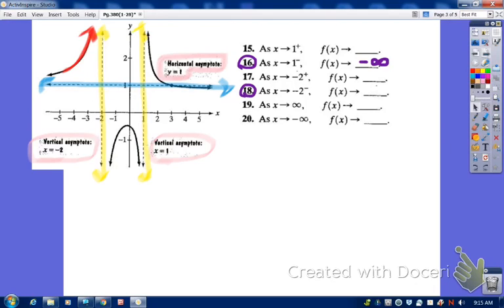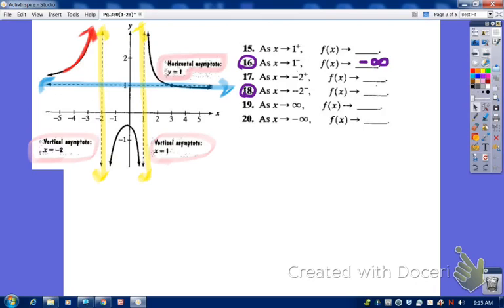The bottom of the graph is not approaching negative 2 from the left. If you're thinking about this piece, it's approaching negative 2 from the right. So you've got to make sure you're on the right piece of the graph.